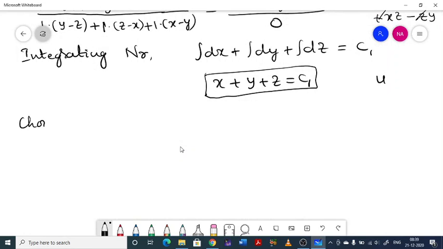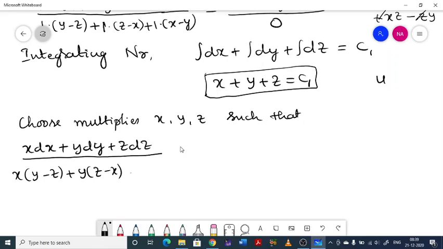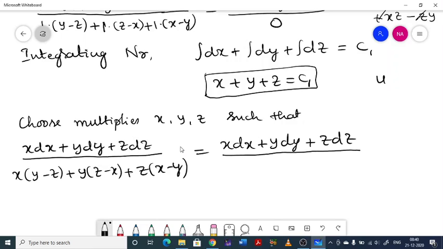choose multipliers x comma y comma z such that x into dx plus y into dy plus z into dz divided by x into y minus z plus y into z minus x plus z into x minus y equal to x dx plus y dy plus z dz divided by, this will be 0.